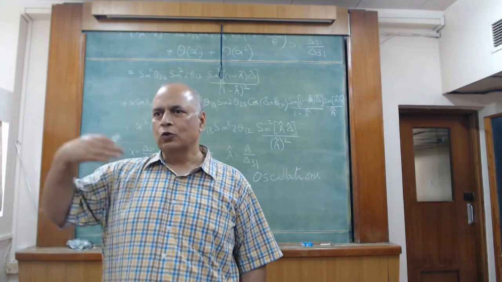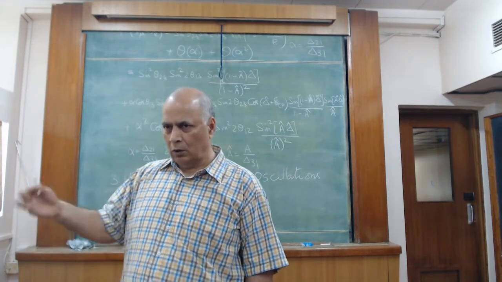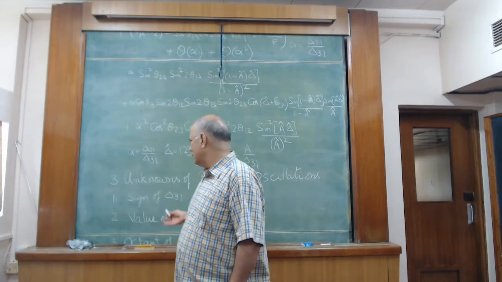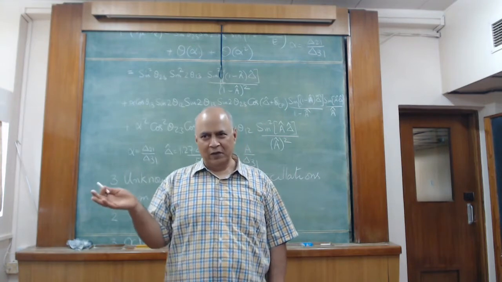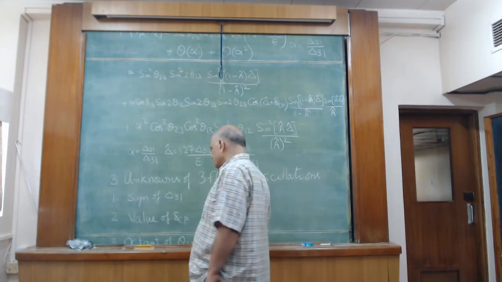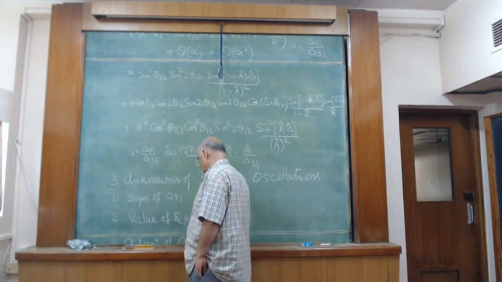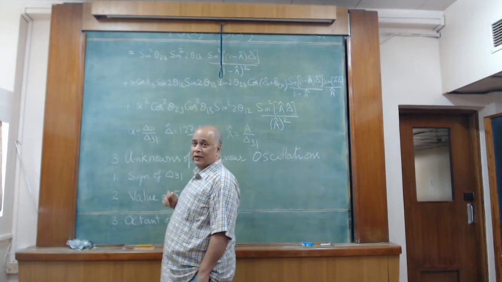Now, should those corrections be positive or negative? So, knowing the information on theta 2 3 helps us in distinguishing between models. That is the theoretical interest. And of course, experimentally it is interesting because of that reason.